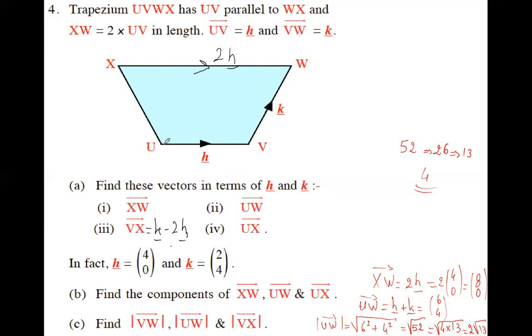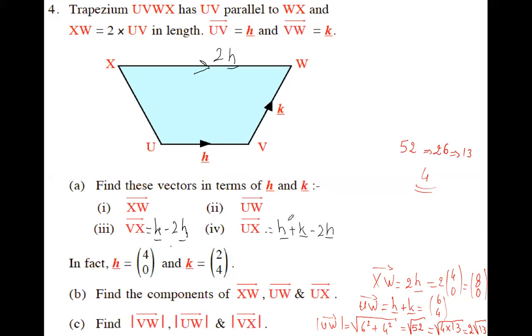This time I'm going to look for UX. I'm going to go from U to V, which is H. Then I'm going to go from V to W, that's plus K. And I'm going to go from W to X. In this case we've only got one path to follow, and that's going to be minus 2H because I'm going against 2H.